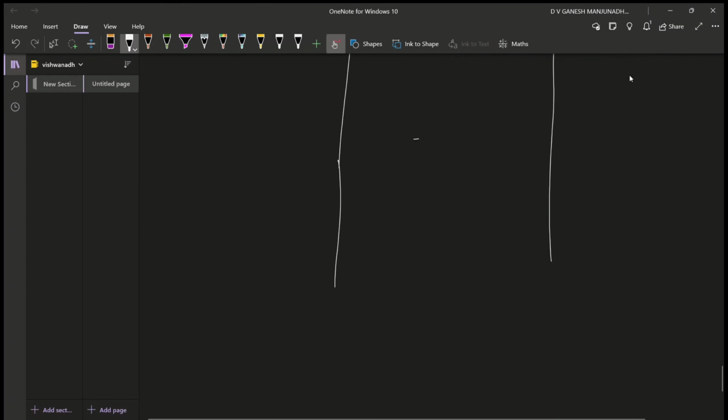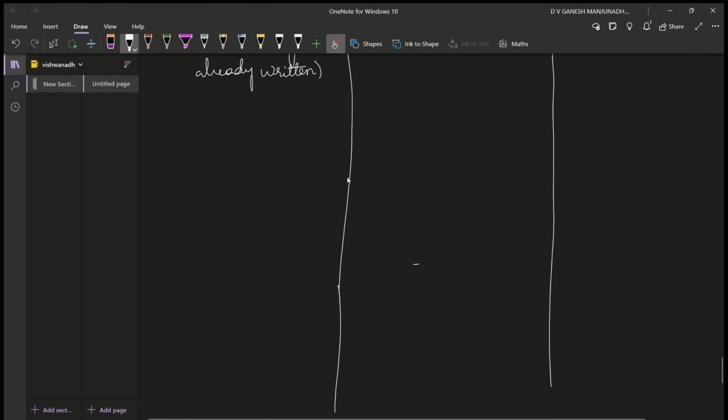So let us go for the 11th adjustment now. The name of the 11th adjustment would be closing stock. A very important adjustment.